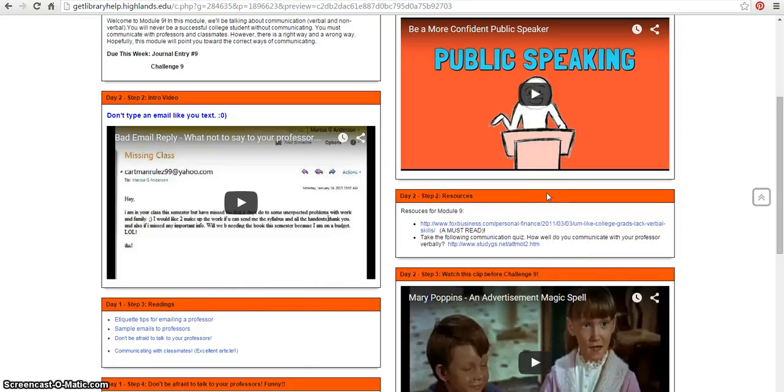In day 2, step 2, there are different resources. This is college grads' lack of verbal skills. Look at that. I believe this is an infographic, if I'm not mistaken. It may not be. And then take the following communication skills quiz. Let me make sure that both of these links work for you guys.